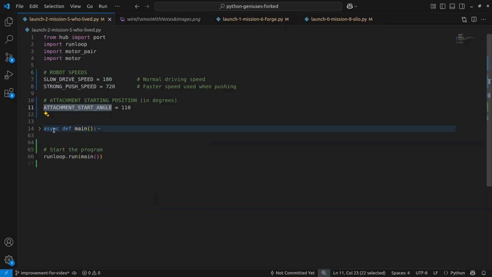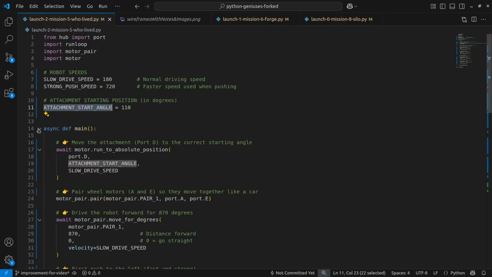In our code we have an async and await, and async is basically telling the robot that the things you're going to be doing in this code are going to take a lot of time, so just get ready that you're going to be moving the motors, you're going to be driving a robot, so it's going to take a lot of time, so get prepared for that.